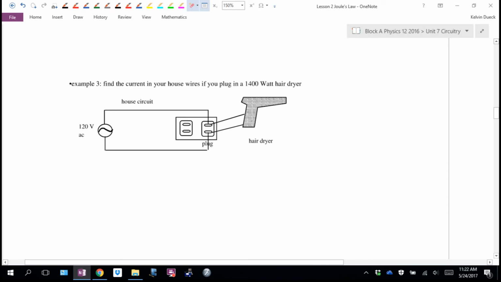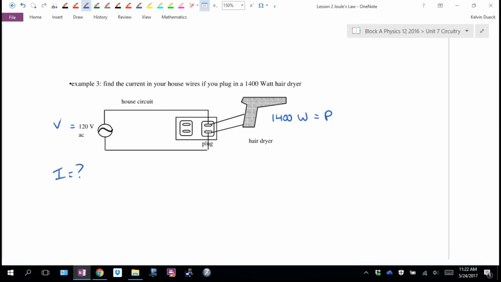It says, find the current in your house wires if you plug in a 1400 watt hairdryer. So right here, we are using 1400 watts of power. And I know that my voltage is 120 volts. And they want me to find current.